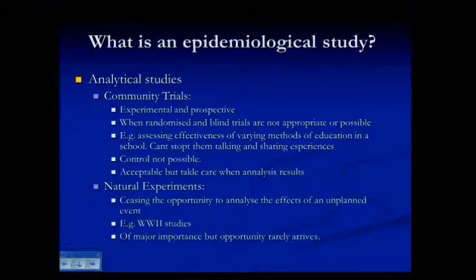And then the last type are rare, but when they happen, they're really useful. And these are called natural experiments. And this is where something major has happened, an event has happened, and you seize the opportunity to take information from it. So dentally, we have quite a lot of studies into the effects of World War II rationing on caries rates.